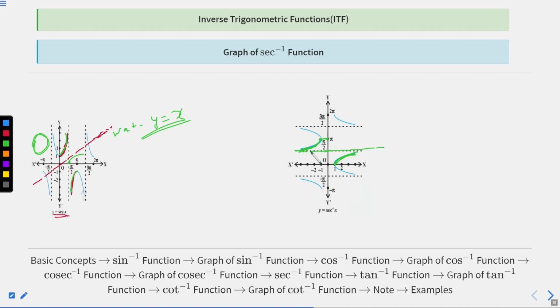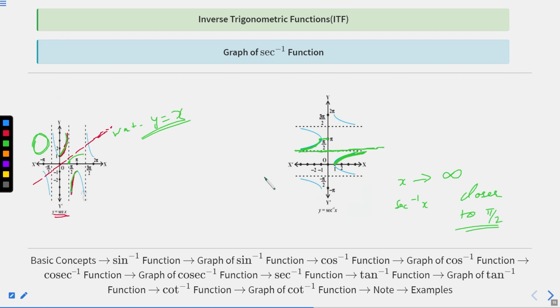As x goes to plus infinity, sec inverse x gets closer to pi by 2.